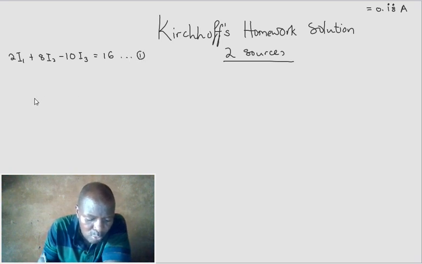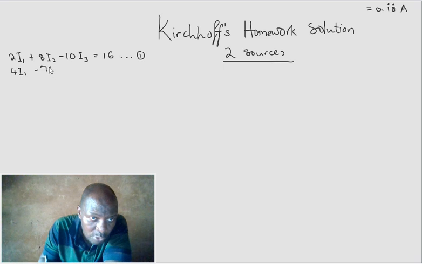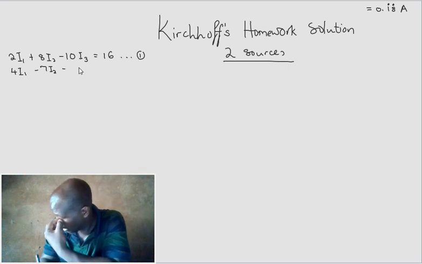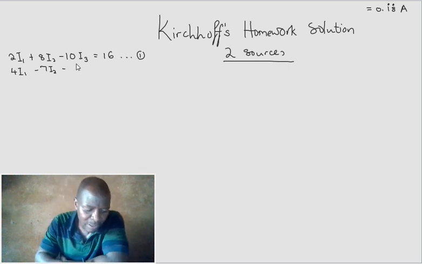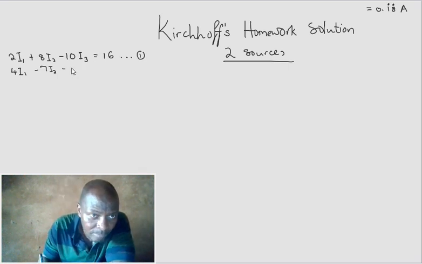Our equation 2 was 4i1 minus 7i2 minus 2i3, and that was equal to 0.